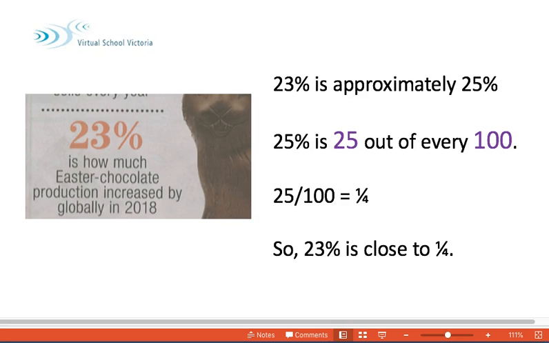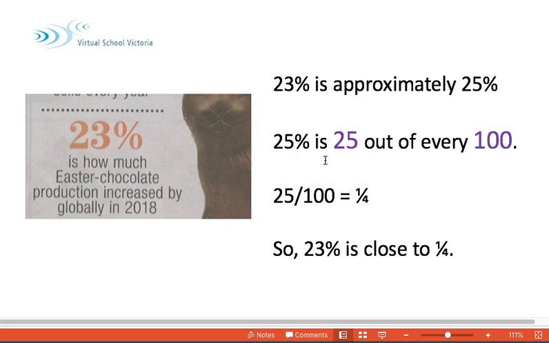Let's look at some other maths. We talked about percentages, because percentages are interesting. Can you see this sign here? If you really visualize it, they're like 100. So a percent is out of every 100. Now for today, we're going to round up 23% to 25.